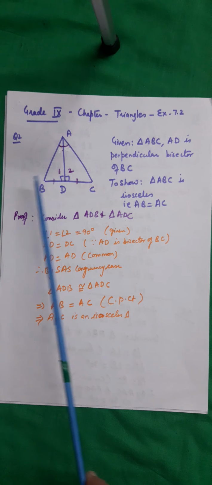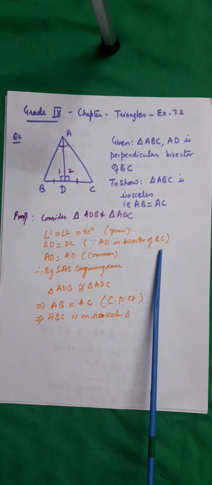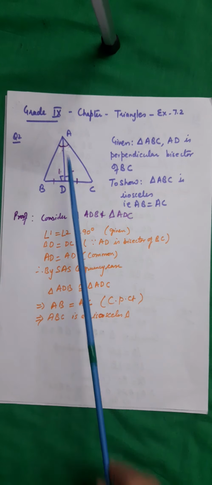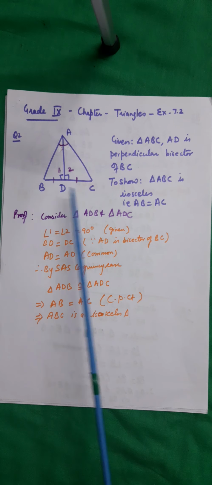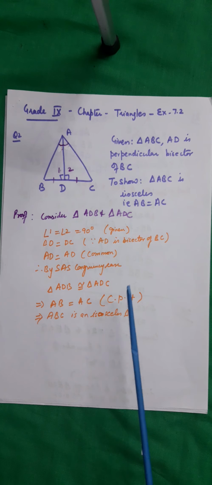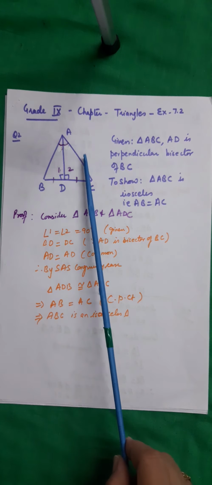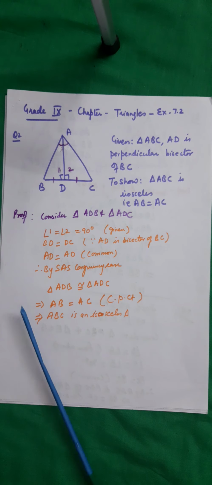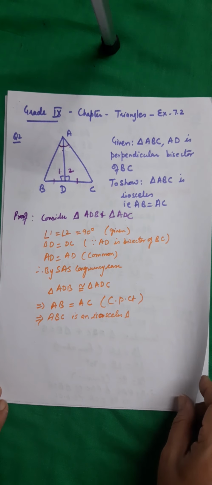BD is equal to DC because AD is the bisector of BC and AD is common. Therefore, by SAS congruency case, these two triangles are congruent. Once these two triangles are congruent, we can say AB is equal to AC. So, therefore, ABC is an isosceles triangle.